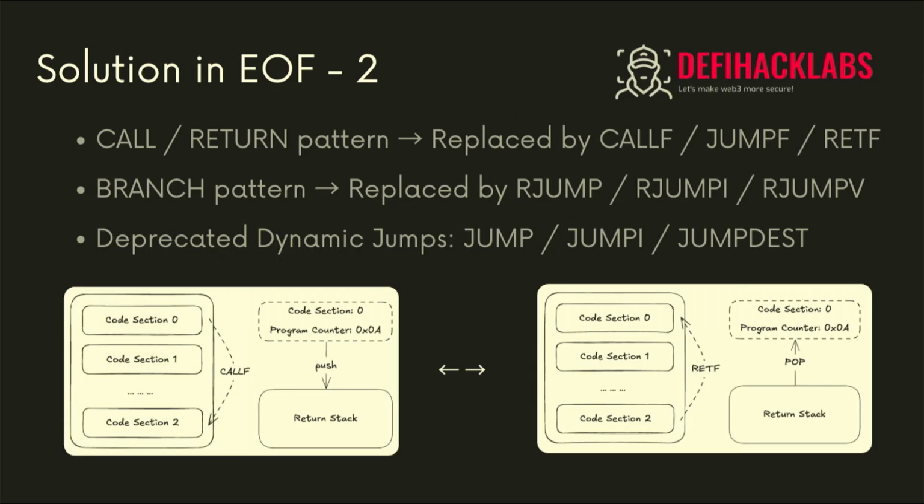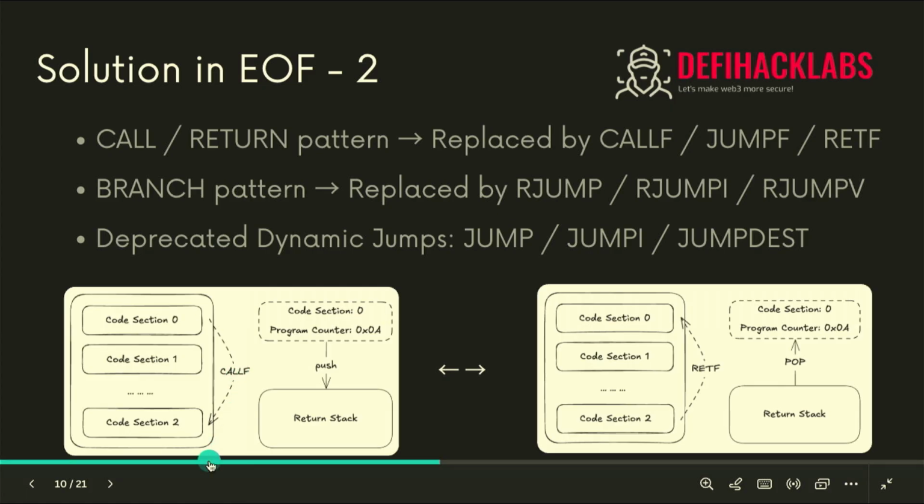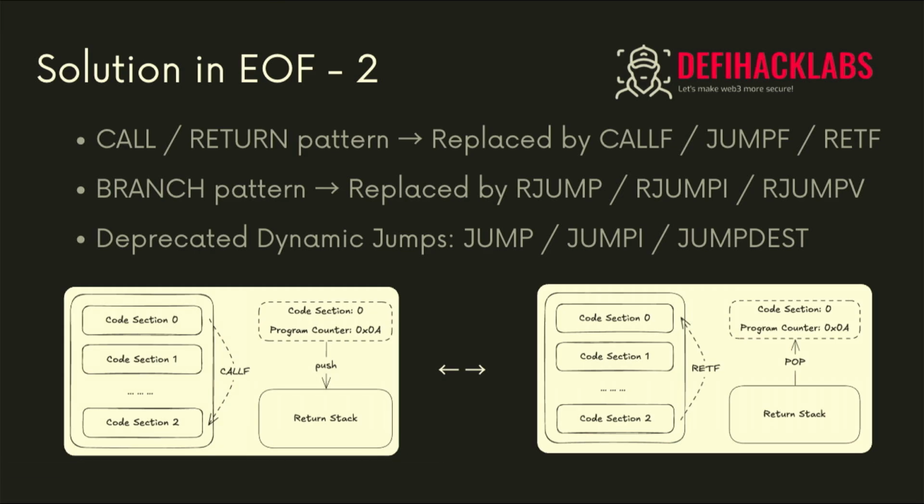And when you want to know the return address for each internal function call, you could directly check the return stack item. When we want to do an internal function call, there will be a CALLF operation followed by the code index you want to jump to.